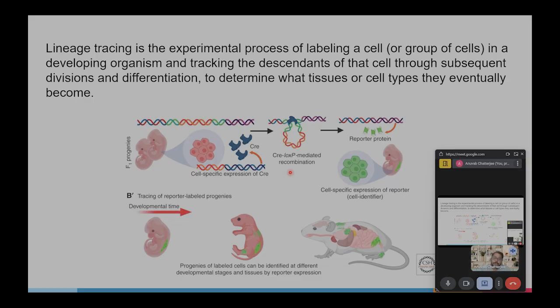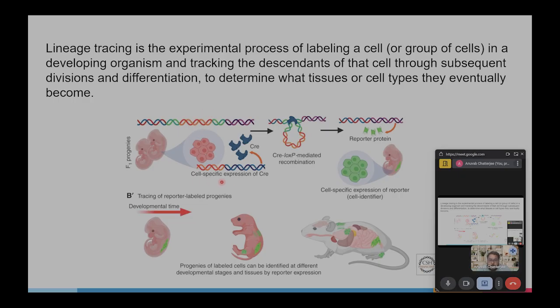So Cre is expressed, and what Cre does is that it makes a cut at the loxP sites as shown right here. So in green right here is our loxP, and this red thing here is our stop cassette.